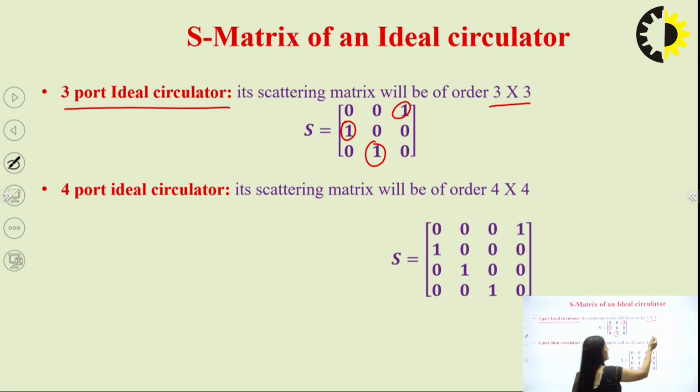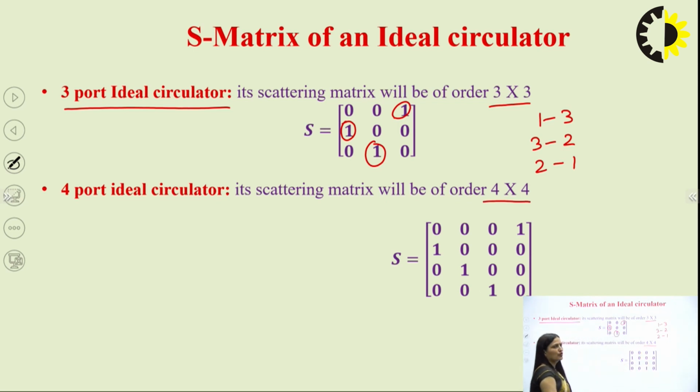Or if I say 1 is connected to 3, 3 is connected to 2, 2 is connected to 1. Okay. In this way, for a 4-port ideal circulator, the input and output ports are 4, so the total elements are 16, a 4 by 4 matrix.